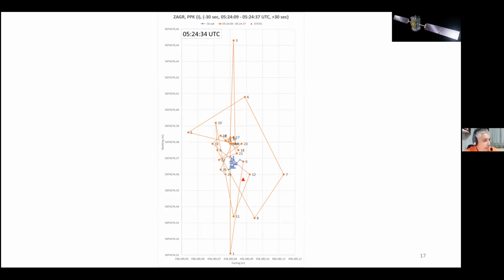This animation is twice accelerated, so it is speeded up, and you can see that after approximately 13 seconds the shaking was attenuating.